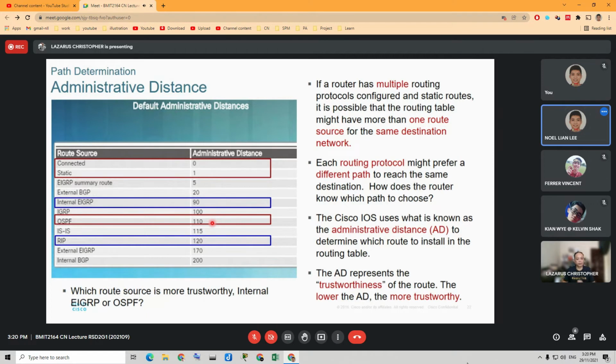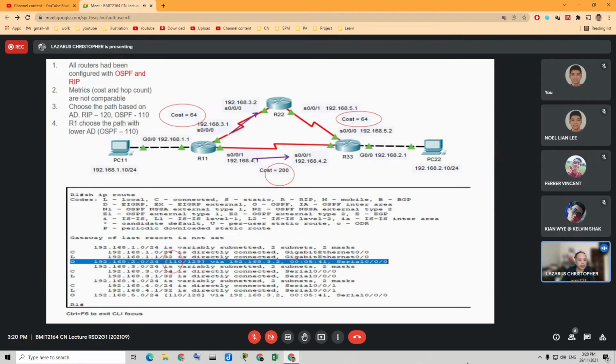Right. So the next slide is basically an example. We have OSPF and RIP both configured in all routers. What that means is that routers R1, R2, and R3 here are all configured with RIP and OSPF. So which one will be selected?